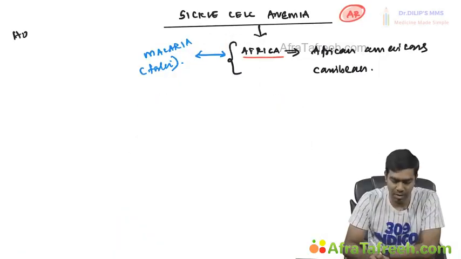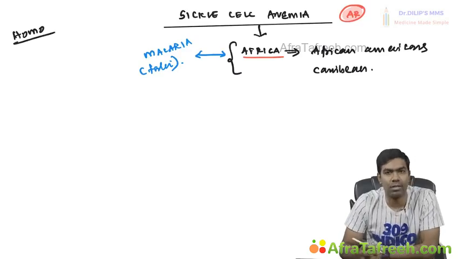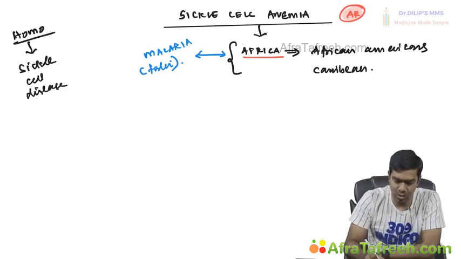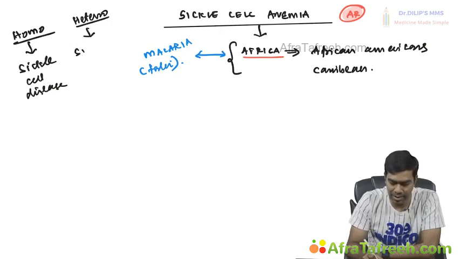If you ask what we mean by sickle cell trait and sickle cell disease, the answer is very simple. If it's a homozygous problem, then we call it sickle cell disease or sickle cell anemia. If it's a heterozygous problem, then we just call it a sickle cell trait.